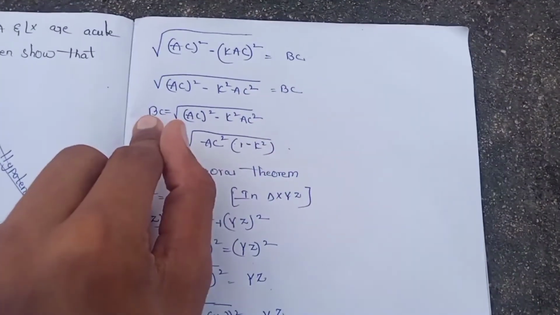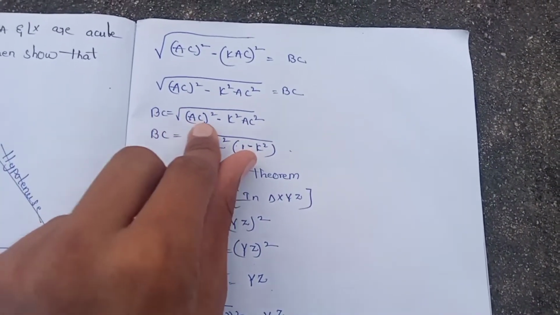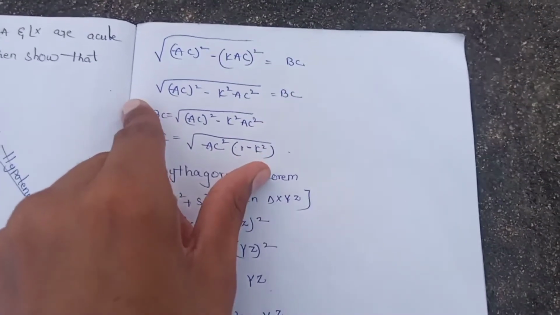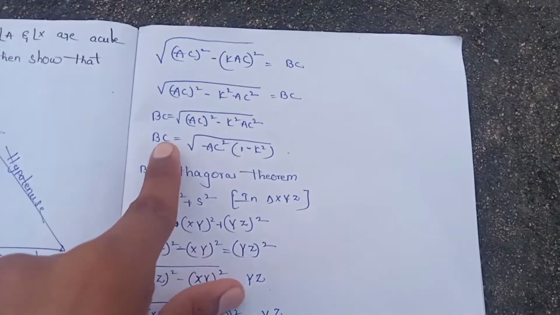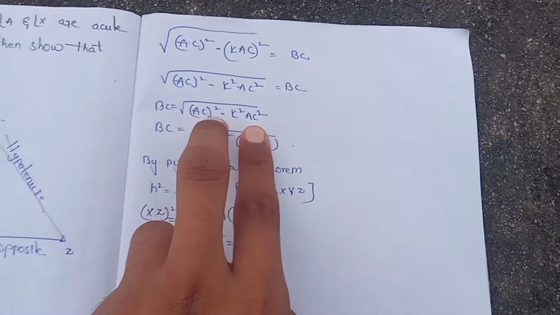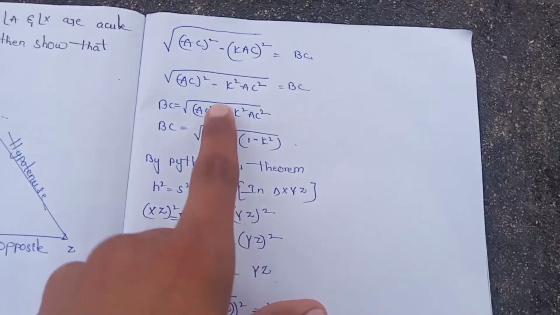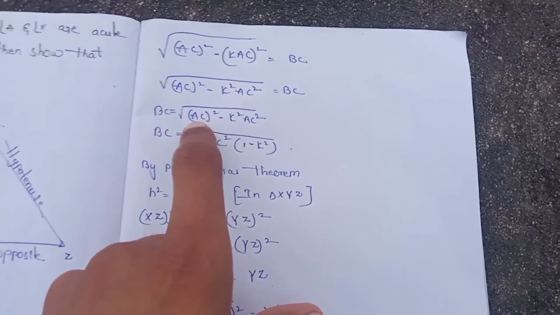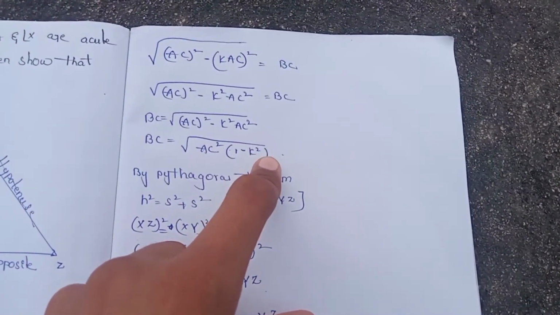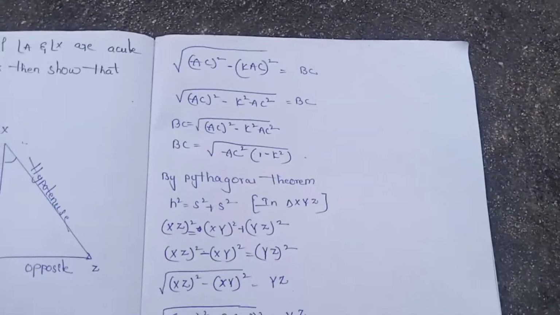BC is equal to root of AC square minus KAC square. AC square is common, nothing remains, so 1 minus K square.